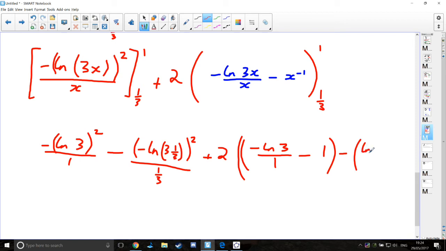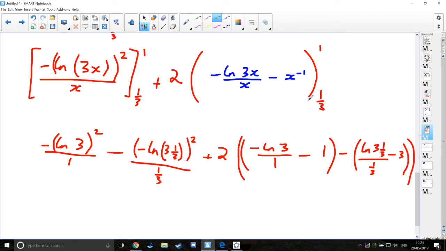So ln of 3 times a third over a third, minus third to the power of minus 1 is 3. Oh, how super delightful is this?